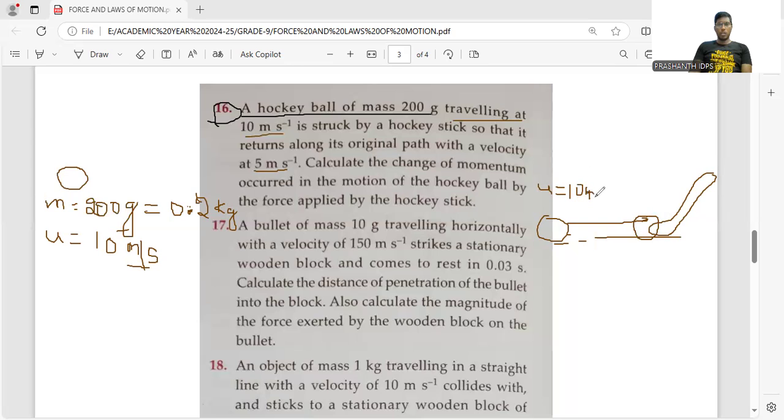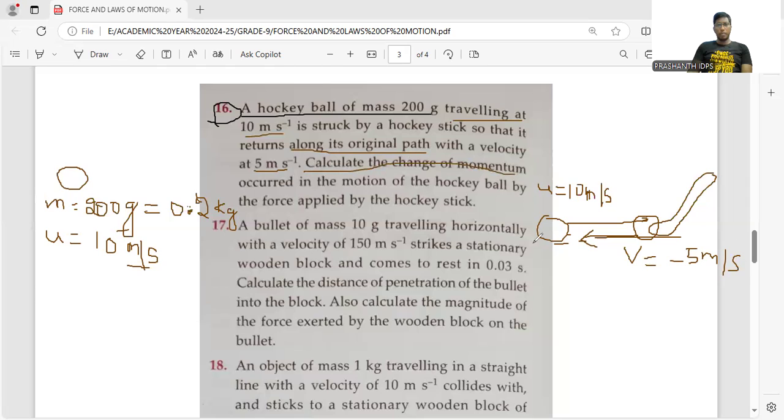After hitting the hockey stick, the velocity changes, and it returns along its original path. Again it is coming back on the same path, but now the velocity has changed to v equal to 5 meter per second, returning back. So I'll take it as the opposite side now, so minus.